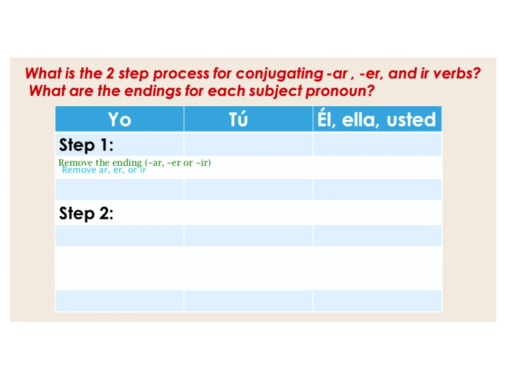So I see a lot of you now are starting to get brave and write on the whiteboard. That's awesome. I see a step 1. I don't see someone for step 2. Okay, so remove the AR, ER, IR, and add the appropriate ending based on the subject pronoun.